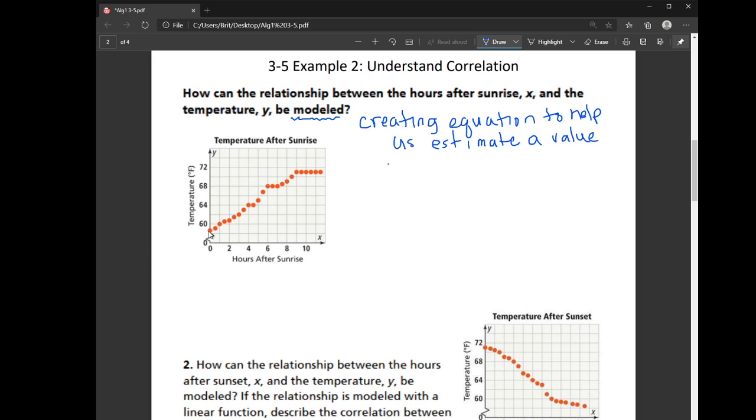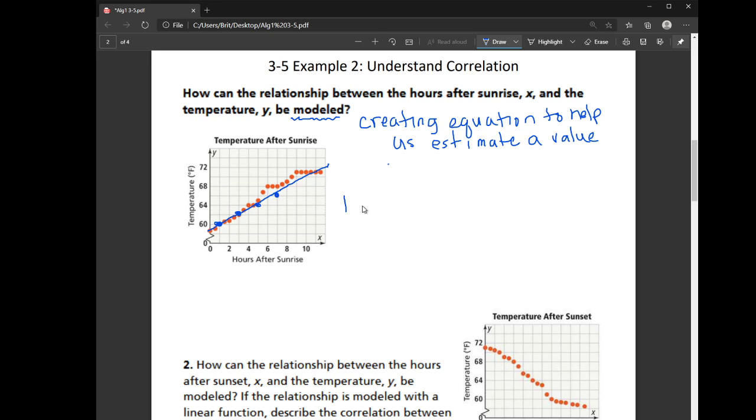So I could draw in a line here, right? Roughly, to try to fit the points. And then I can use points on that line to perhaps help me to write an equation.